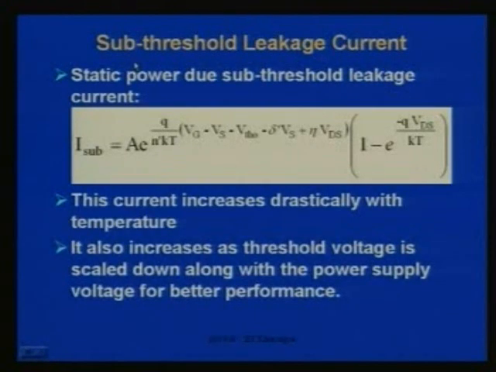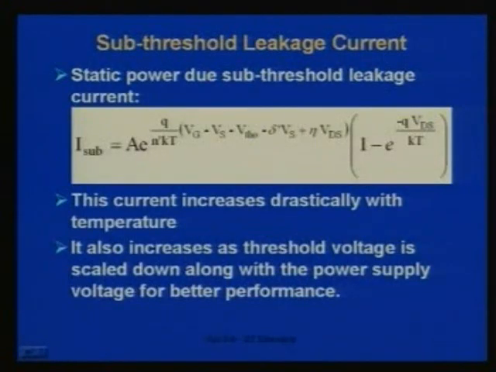Then coming to another very important leakage current source, that is the subthreshold leakage current. Normally we know if you apply a voltage to the gate and the voltage is less than the threshold voltage, we assume that the transistor is off and no current is passing through the channel. But unfortunately in reality that is not true.